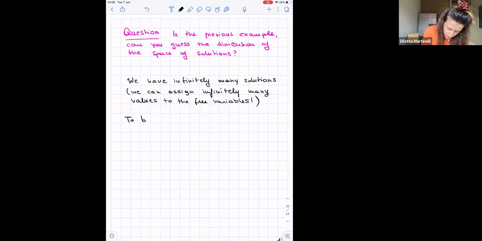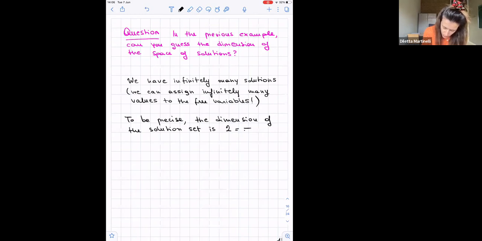And to be precise, the dimension of the solution set is 2, which is equal to the number of free variables. Basically the solution set depends on 2 parameters, so it's two-dimensional. So the dimension is the number of parameters on which the solution set depends.